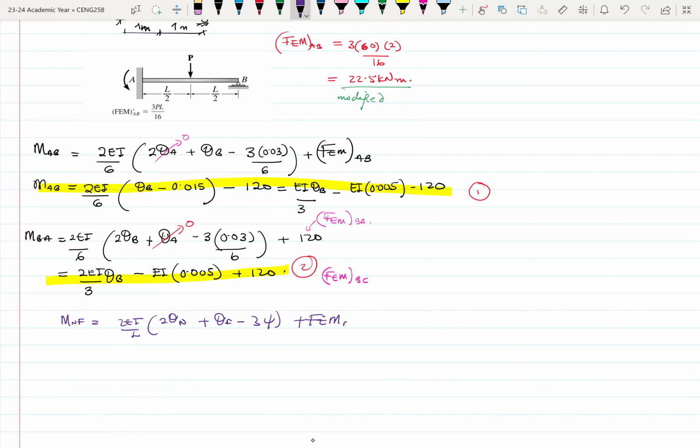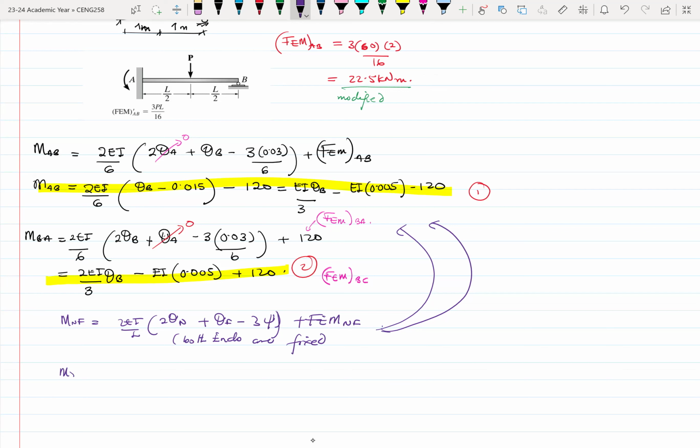This is the general equation that we are used to. It worked for these two spans because both ends are fixed, so we assume the moments at those ends are not zero.